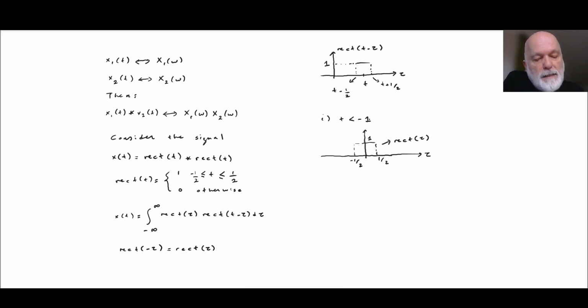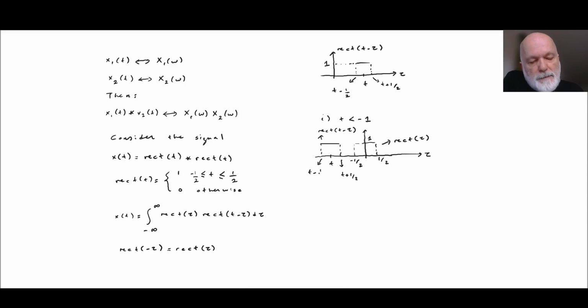And for t less than minus 1, remember, in rect t minus tau, t is the midpoint. So we have this plot as the graph of rect of t minus tau. So this is t, this is t minus 1/2, and this point is t plus 1/2.